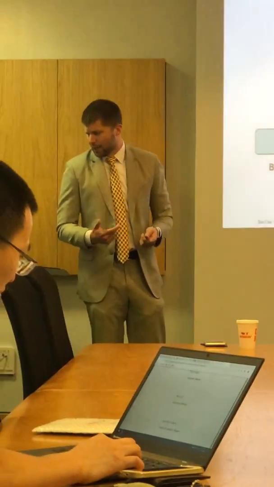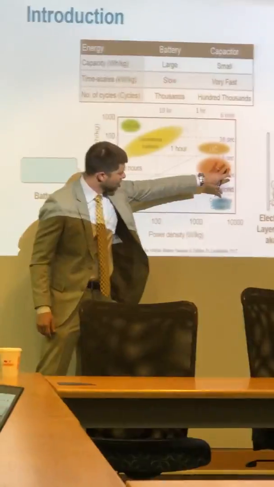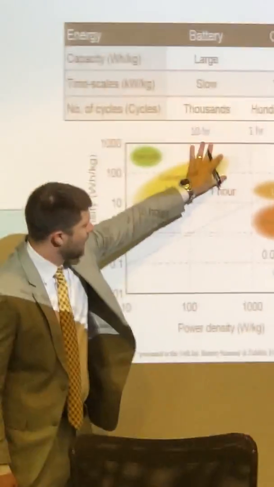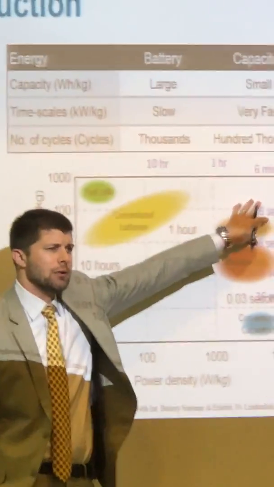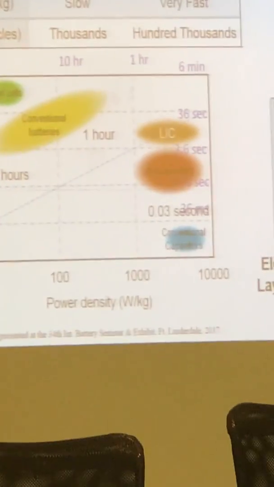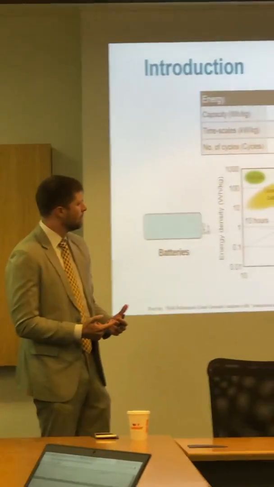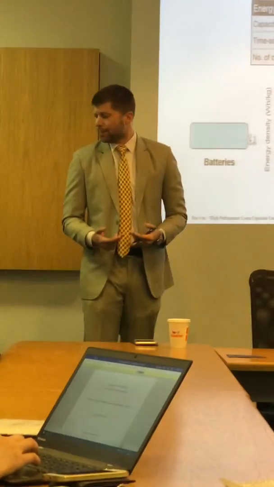So, the idea behind a lithium-ion capacitor is that if electrochemical double-layer capacitors are over here, and lithium-ion batteries are over here, we can have a device that's in the top right of this red cone. What the lithium-ion capacitor is doing is improving the energy density over a traditional electrochemical double-layer capacitor, but it's also improving the charge or discharge current, and therefore power, over a traditional lithium-ion battery.